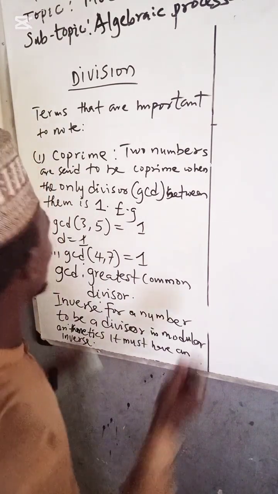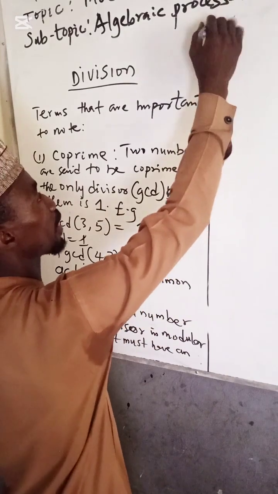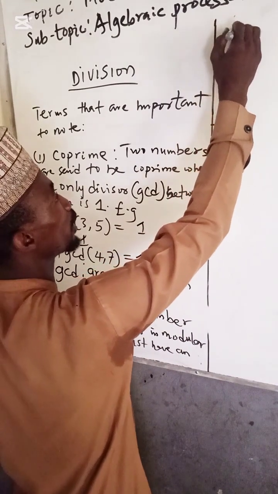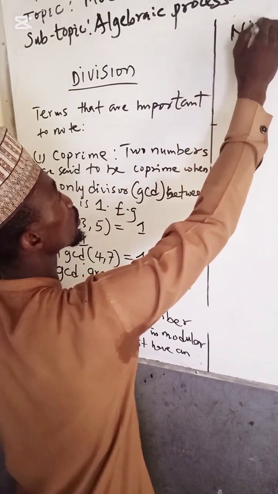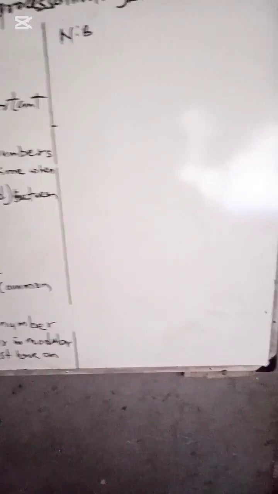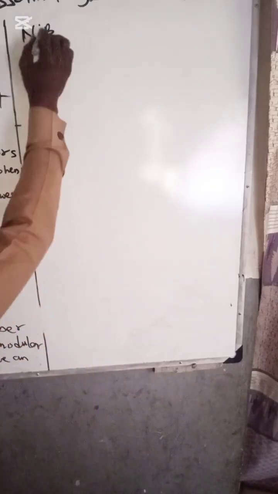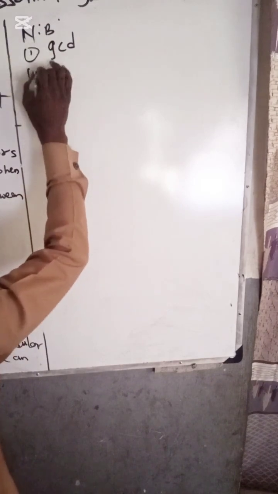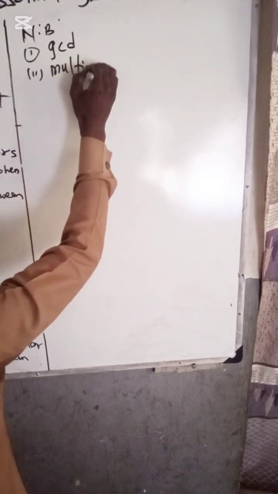Now, let's look at this. Another point: we talk about co-prime. Let's highlight our point. Note, the point is a confirmation of GCD, then the multiplicative inverse.